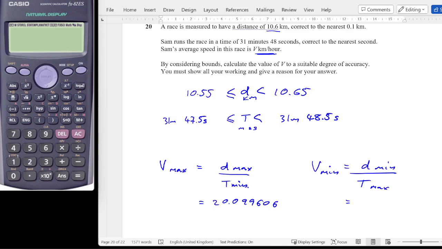I'm not quite sure why my calculator's not helping me out here. So let's try that again. 0 hours, 31 minutes and 48.5 seconds. Okay, and then I want the minimum distance, which was 10.55, divided by that value.